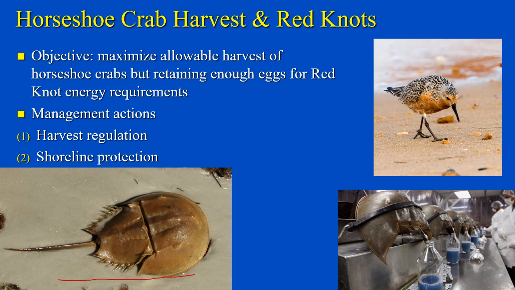Sometimes they get really big, like 10 inches across the top, and live in shallow estuarine areas along the east coast. And in the spring, they come up on the beaches and lay massive numbers of eggs. And the timing of migration of red knots perfectly coincides with the time that the horseshoe crabs come up and breed.